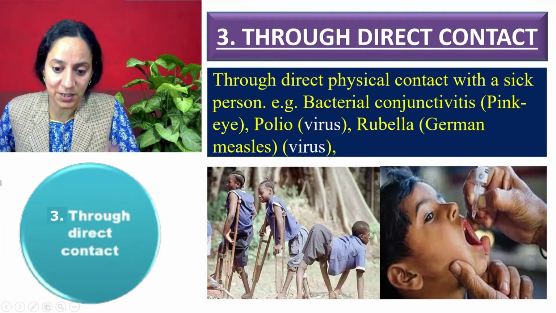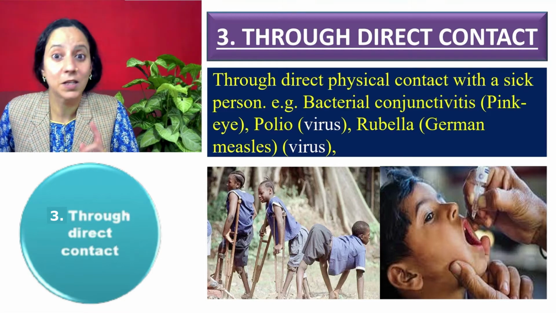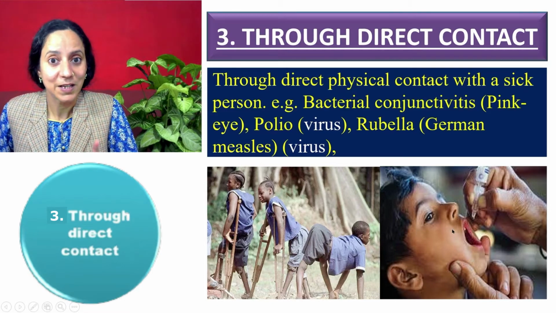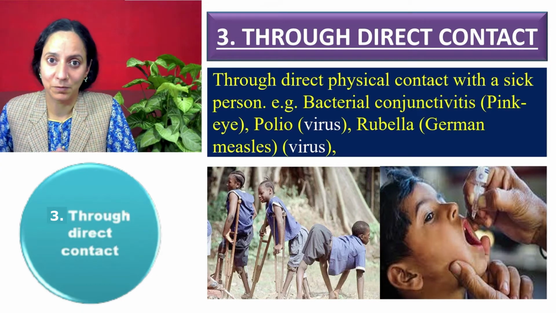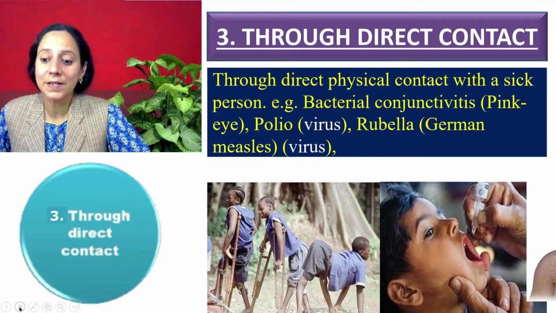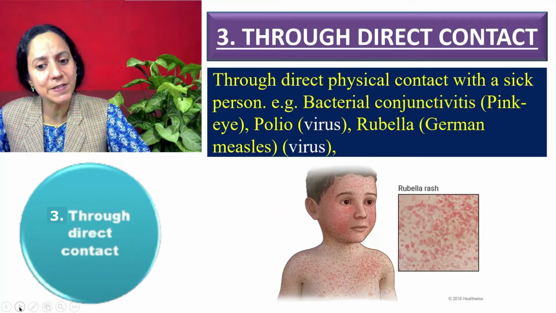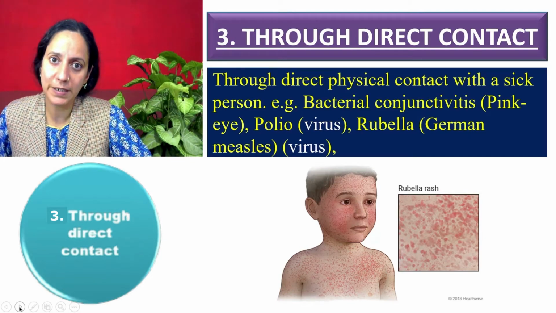If you look at this picture of 3 children with physical deformities, you will realize how important polio drops are for all kids below 5 years of age. Next is rubella or German measles. It's a viral disease and it also spreads through direct contact.